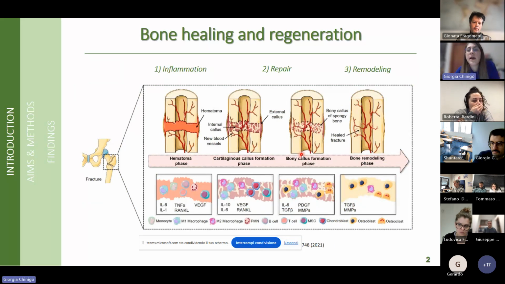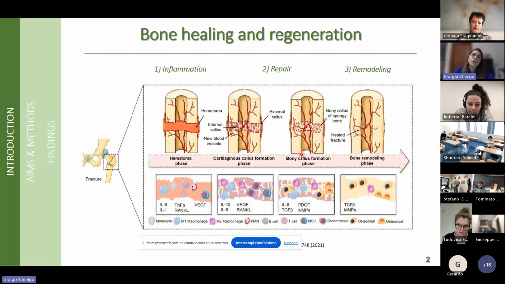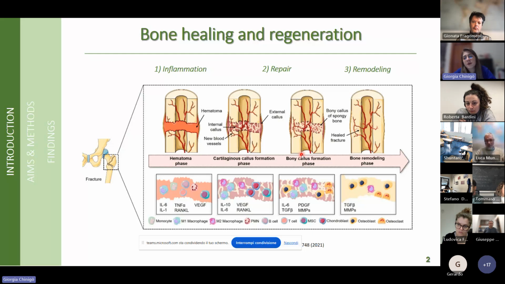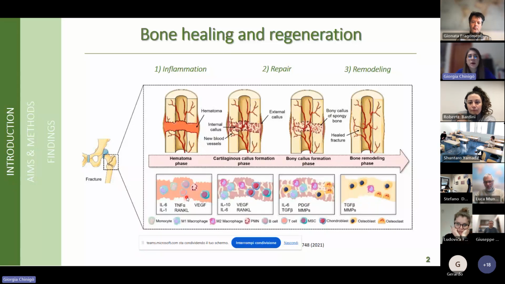The bone healing and regeneration process is similar to the embryonic bone development process. It involves three main phases that you can see in this slide. In the first phase, inflammation, a blood clot is formed at the injured site, and monocytes, macrophages, and other phagocytic cells start to induce an inflammatory response.